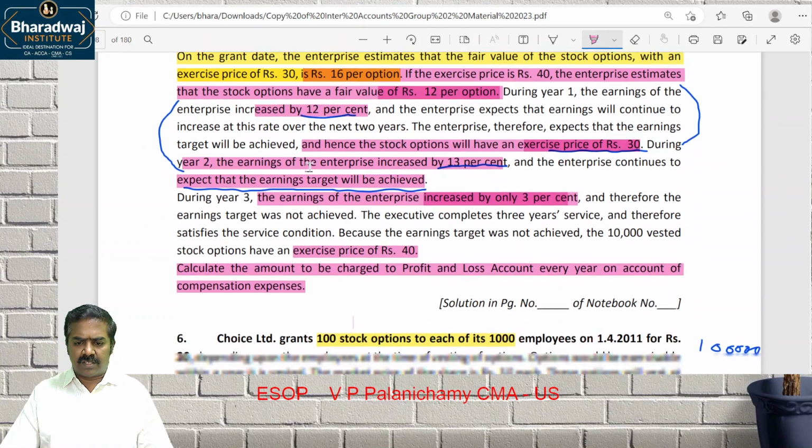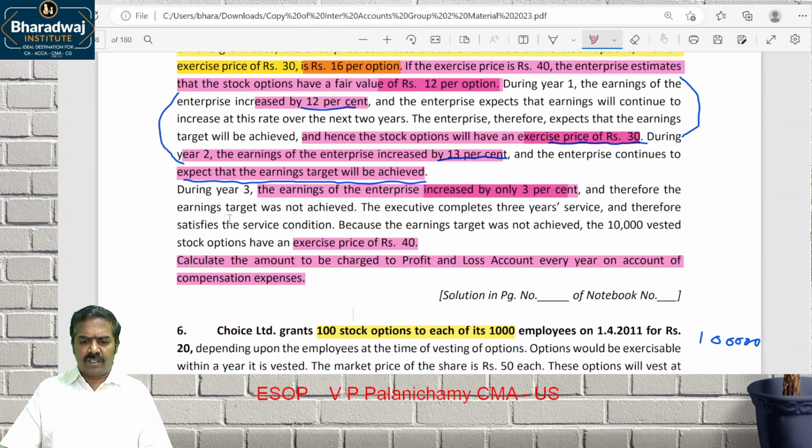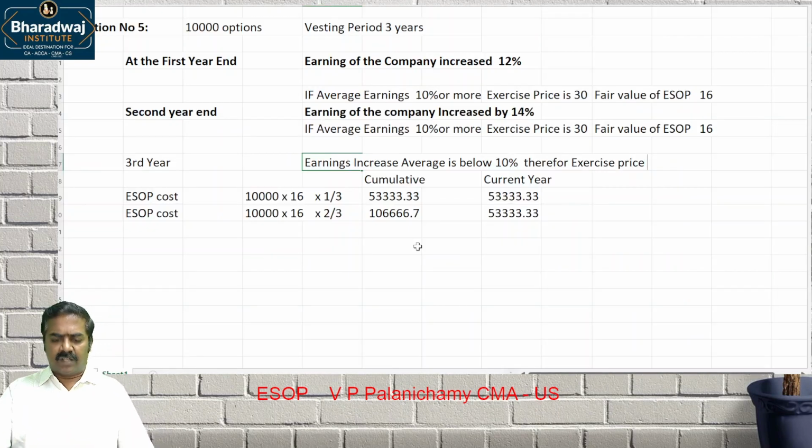Therefore, the target is not achieved. The exercise price will be how much? 40. If exercise price is 40, fair value will be 12 rupees.